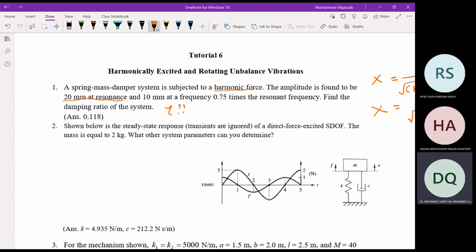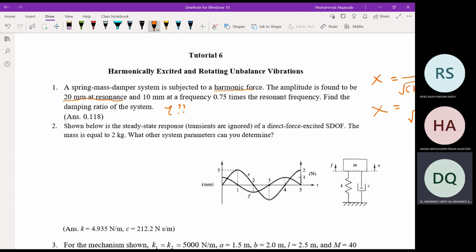Of a direct force excited single degree of freedom system, the mass is equal to 2 kilogram. What other system parameters can you determine?